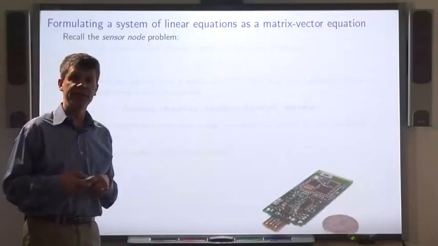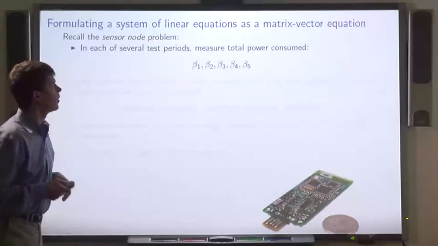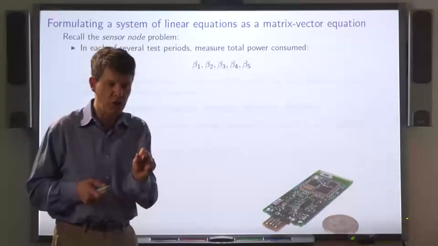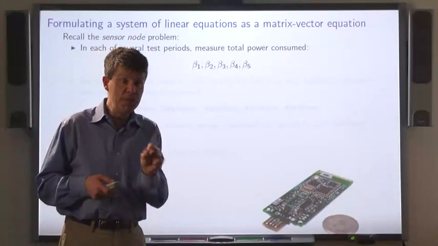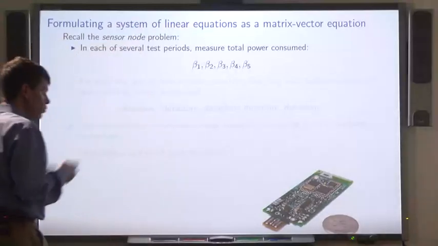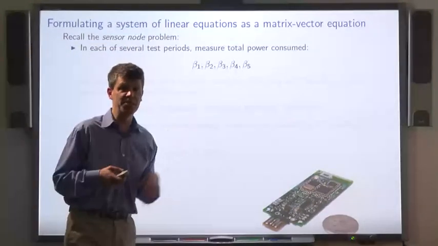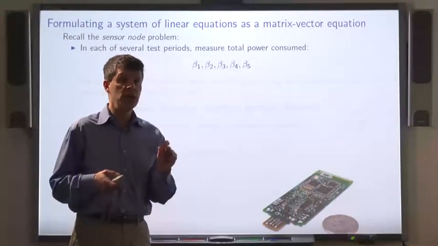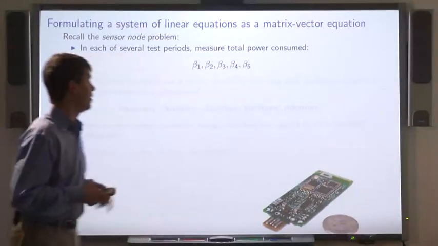Recall the sensor node problem. We wanted to know how much current is consumed by each hardware device on the sensor node. So we used a series of test periods. In each one, we measure the total power consumed during that period.